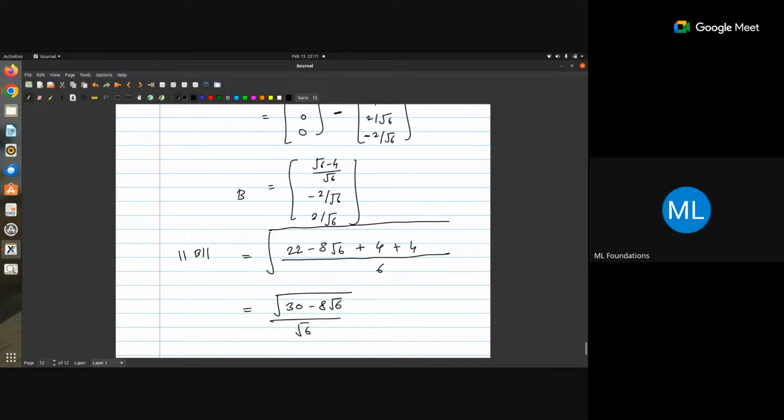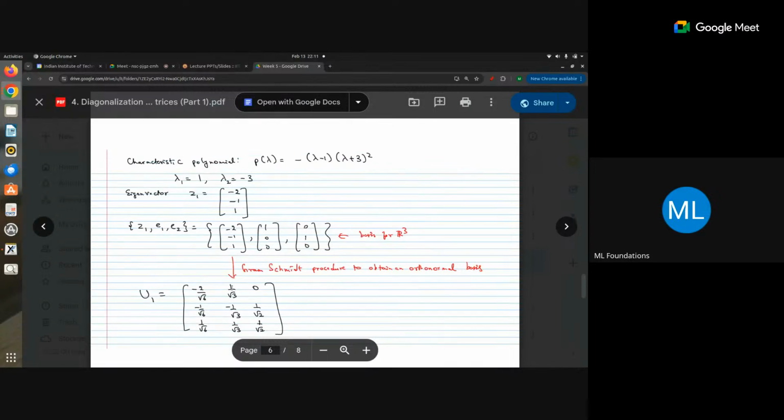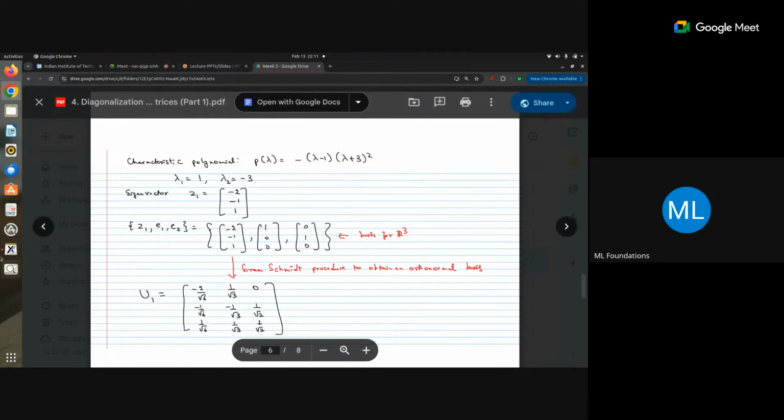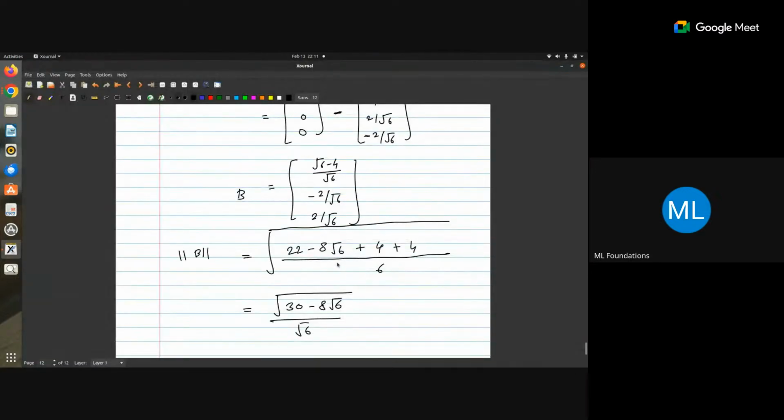How to solve this part I don't know, but how has Sir got root 3 here? Are we not making any calculation mistakes here?